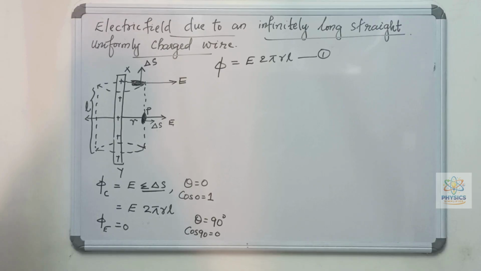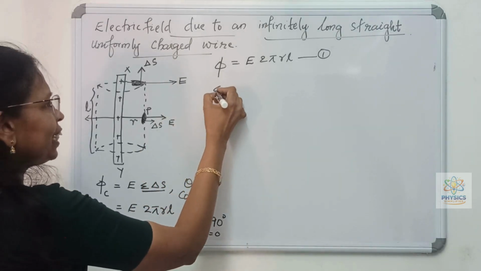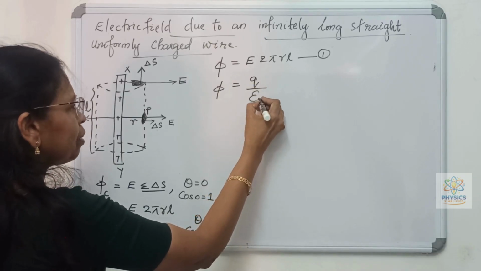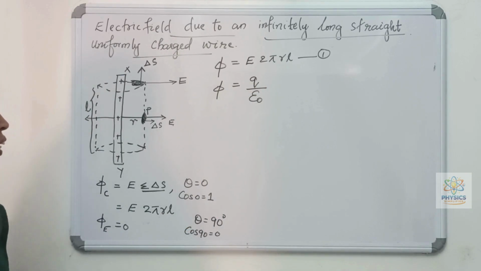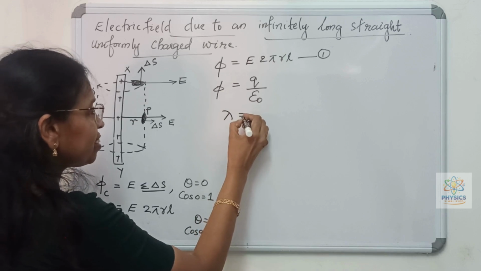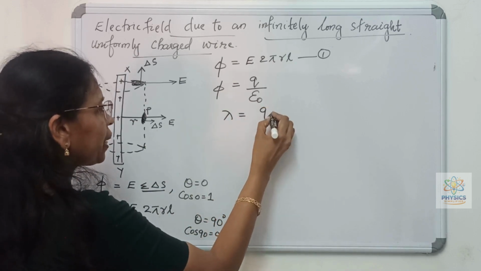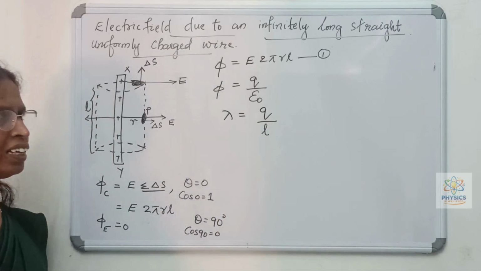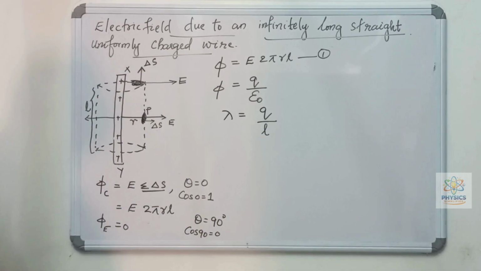By Gauss's theorem, we know that electric flux phi is equal to Q by epsilon 0. Here we know that it is a straight wire. Therefore, the charge distribution is represented as lambda is equal to Q by L. We know that lambda represents the linear charge density.